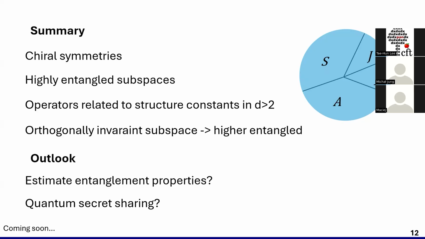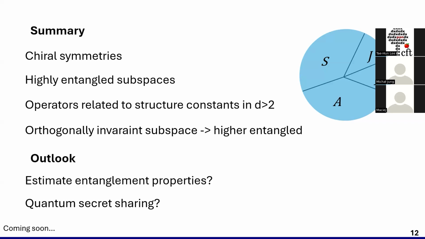And we saw that we can construct operators using structure constants of Lie algebras, whose eigenvectors live in these highly entangled chiral subspaces. And further, we saw some orthogonally invariant subspaces, which are even higher entangled.